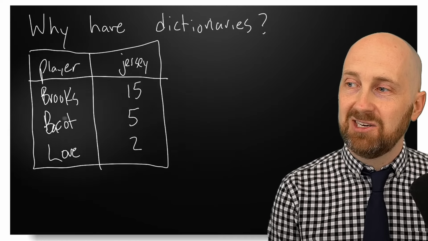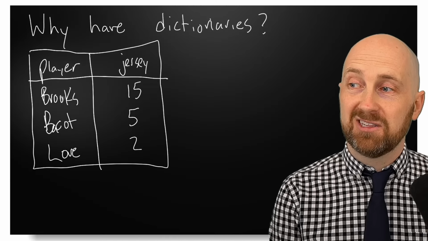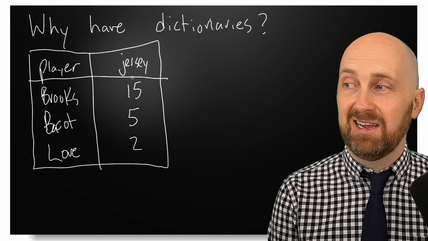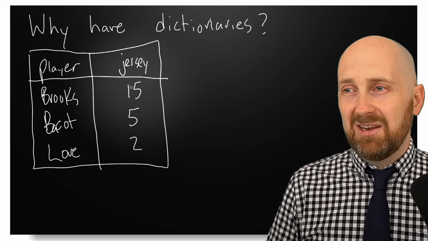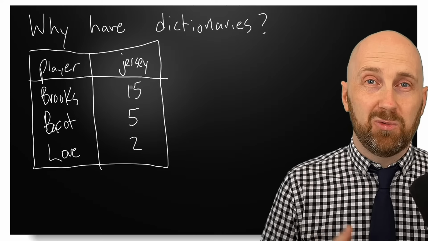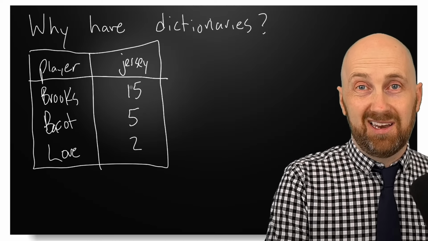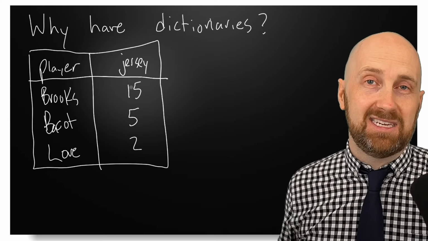So at index 0, Brooks in the players list would be there, and in index 0 of the jerseys list would be 15. And maybe you could go and find, well, what is the index of a player in the names list, and then go look for that same index in the jerseys list. It turns out that's pretty cumbersome and in fact very slow, but this is a common kind of problem that you'd like to have in your program and be able to model.